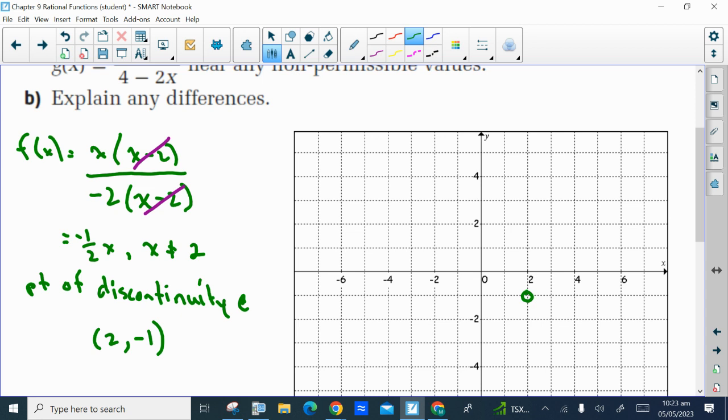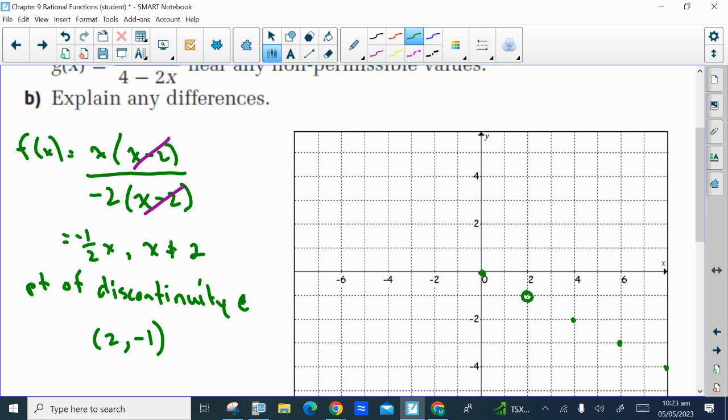The rest of the graph will be defined by y equals negative 1/2 x. So that's a line that has a slope of negative a half and a y-intercept of 0. Negative 1/2 x is the same as negative a half x plus 0. Y-intercept of 0, rise negative 1, run 2 takes us to the point of discontinuity, but we'll continue to rise negative 1 and run 2.